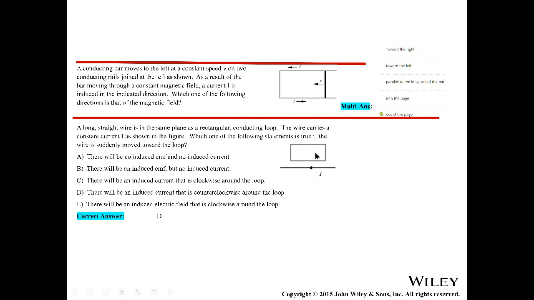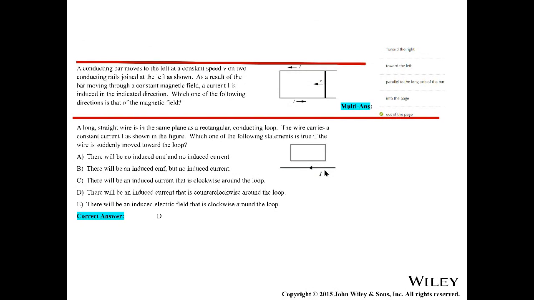And so now Lenz's law says, I must now have an induced current. And it must be to oppose it. Since you have this magnetic field into the board, you see it? You have to use your right hand, right hand rule. The thumb is in the direction of this wire, and the magnetic field is into the board.